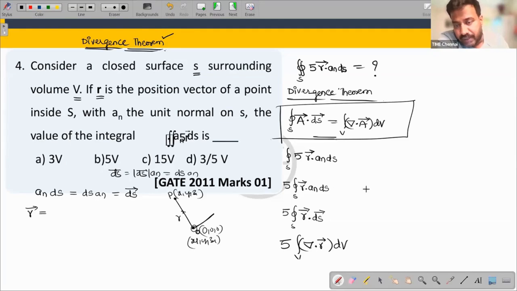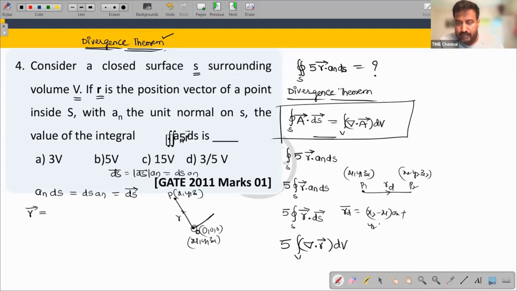If I measure between 2 points, like a point P1 at x1, y1, z1 and another point P2 at x2, y2, z2, then the distance between these two is given by the distance vector RD, which is x2 minus x1 AX plus y2 minus y1 AY plus z2 minus z1 AZ.